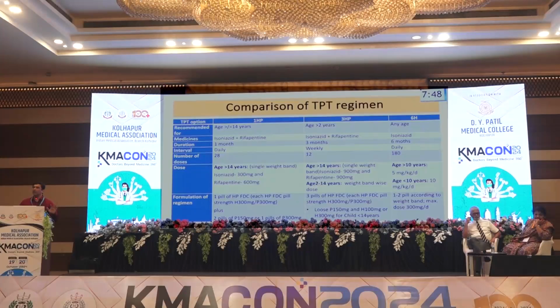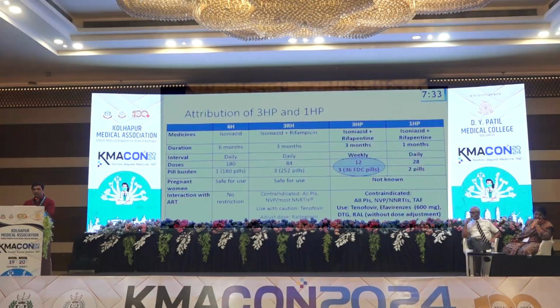There is one more regimen, which is 1HP. Right now, this 1HP is restricted to PLHIV patients who are more than 13 years of age. The 1 indicates 1 month of treatment. Again, it is a combination of isoniazid as well as rifampicin. So you can see the advantage of 3HP: it is 12 doses, a weekly dose given for 12 weeks, and the pill burden is only 3 in fixed dose combination form.